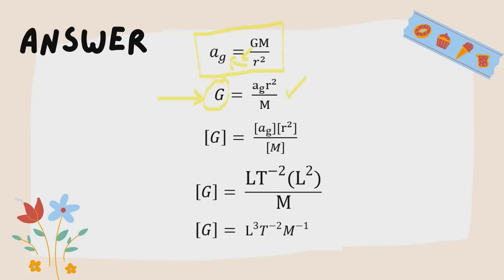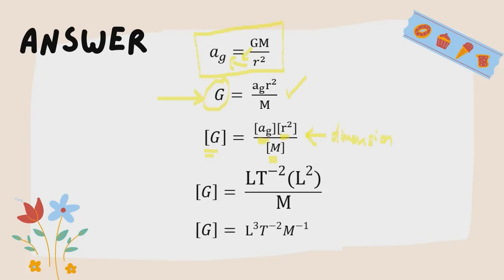On the left hand side you have G, constant G. On the right hand side you have a_g, so you put square brackets, and then you have R in square brackets, and then you have mass, square brackets. What you did here is apply dimension to the physical equation.